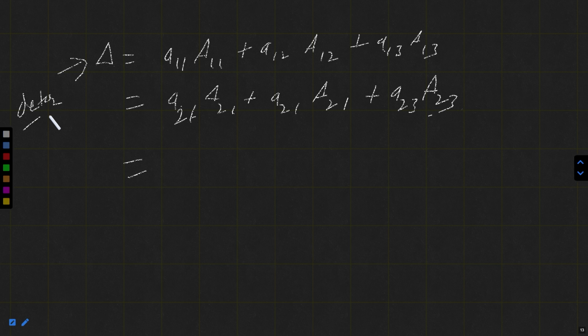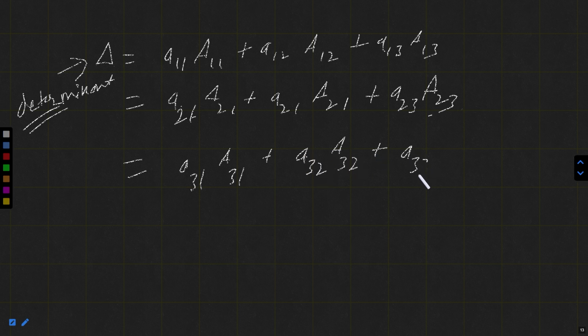Determinant. Okay, and then A31, A32, A33.